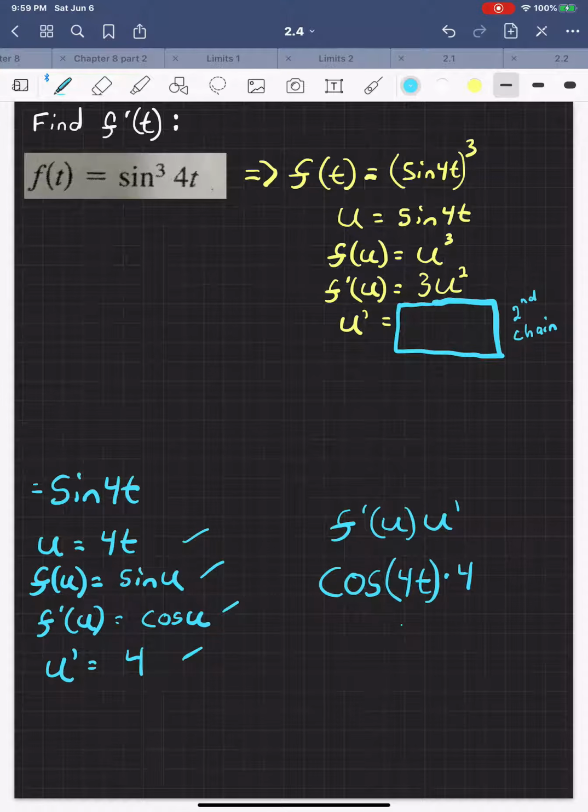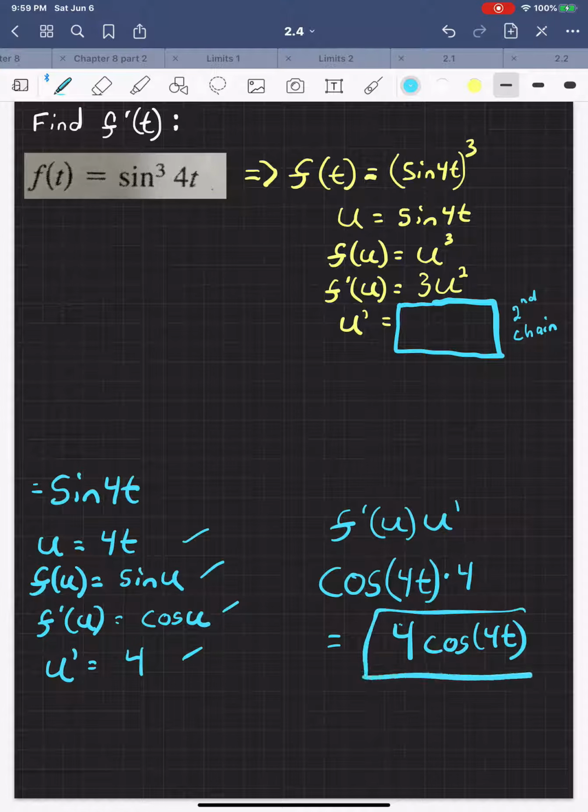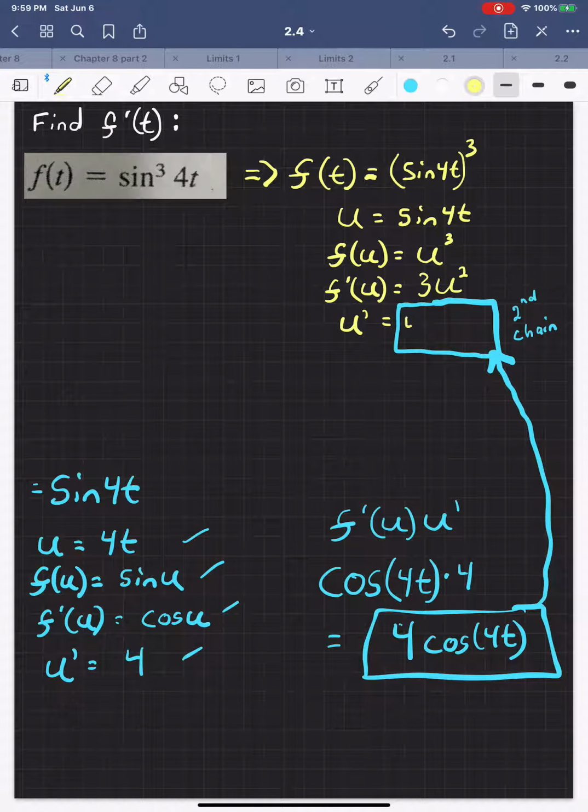So I end up with 4 cosine of 4t. Now this was just an intermediate step because I now know what u prime is in the above equation. So u prime is 4 cosine of 4t.